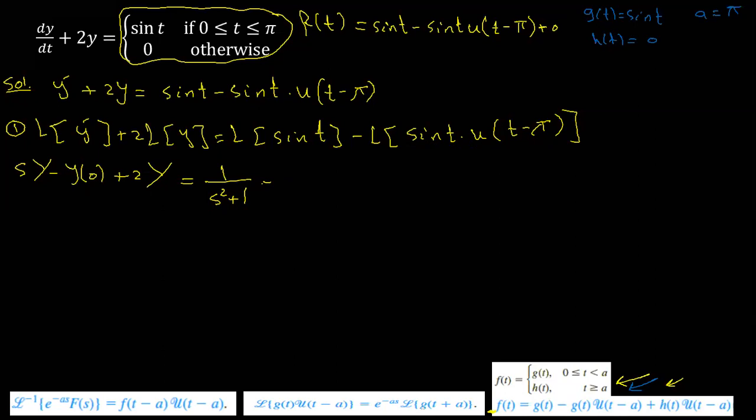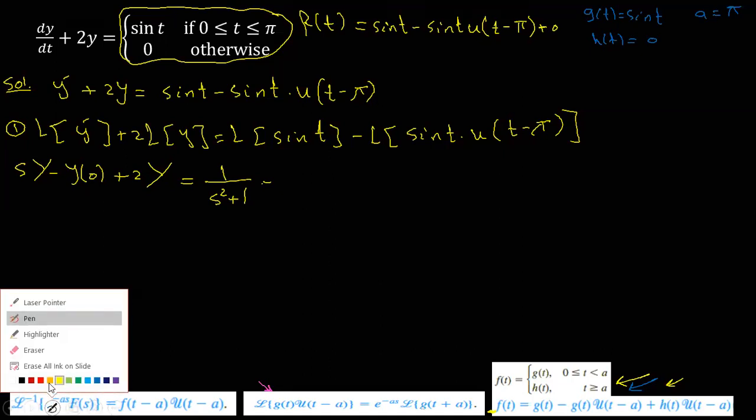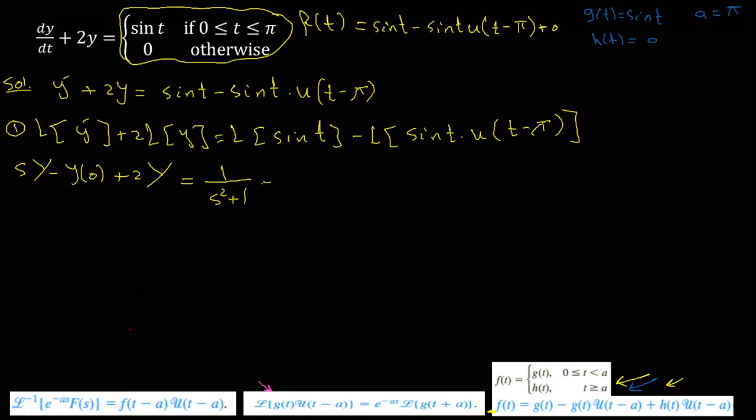What do you think, Muhammad? Can I use this rule here? g of t times u of t minus a. So let us together decide which function is your g of t. Let me use another color now to write the g of t. For this, your g of t is what?